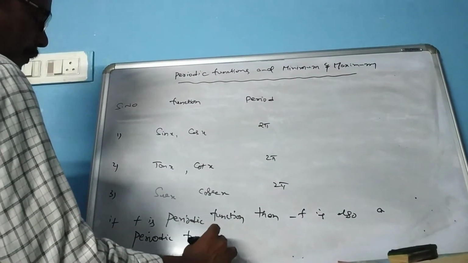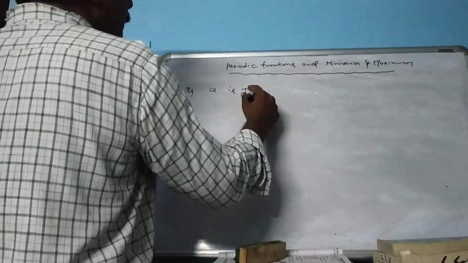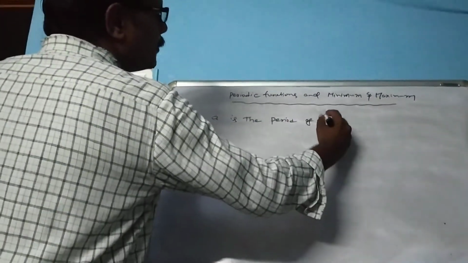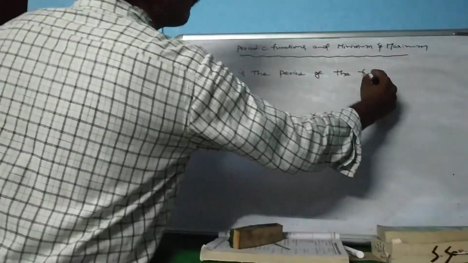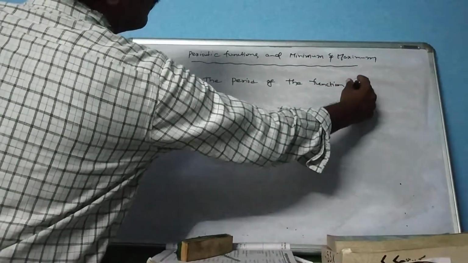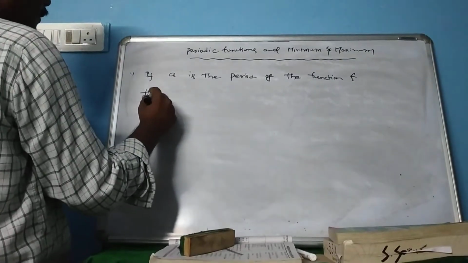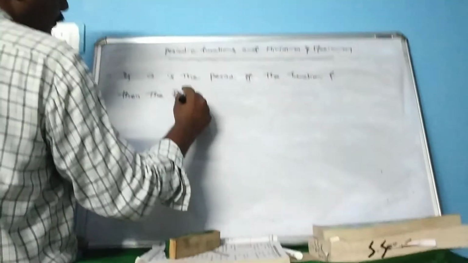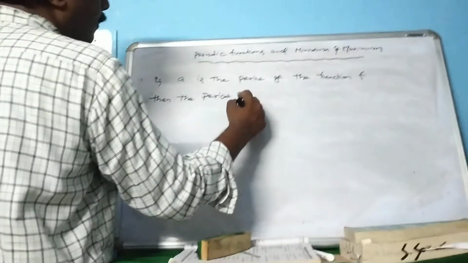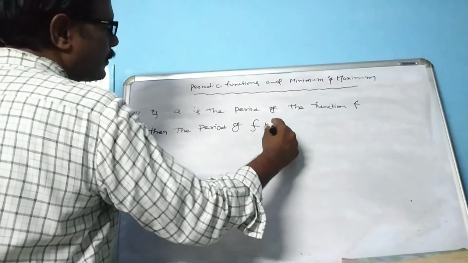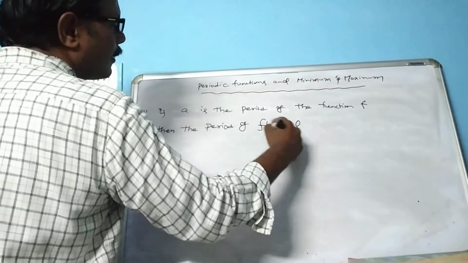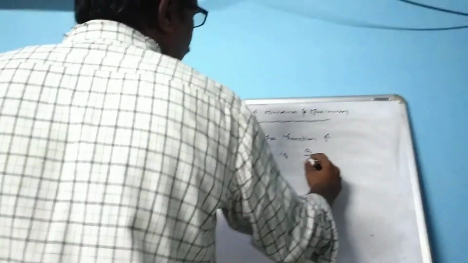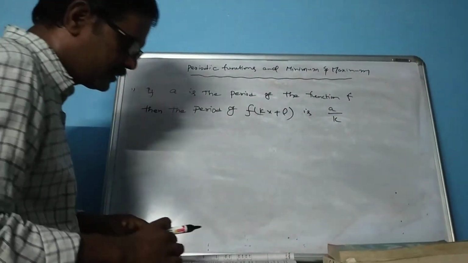Let the period of the function f be p. Then the period of f of kx plus L is p by k.